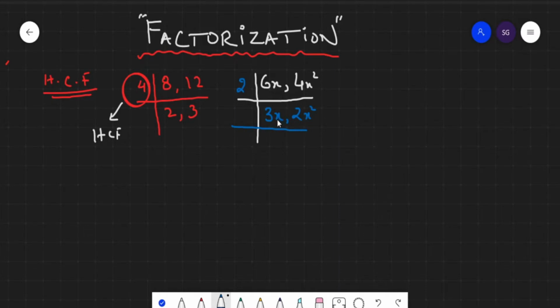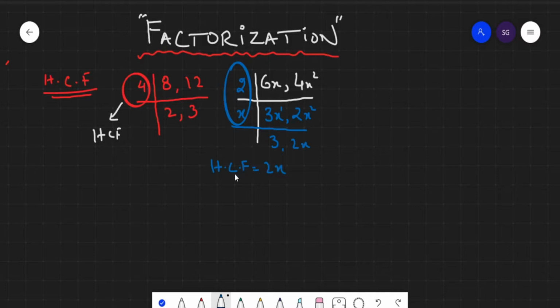Remember, whenever we take any variable or any number common, we always look for the smaller number or the smaller power. Here we have x power 1, and here we have x power 2. So we'll take the smaller power out, which is x power 1. Dividing by x, we get 3, and then we get 2x from the remaining section. And guys, this happens to be our HCF now. This 2x is the highest common factor.